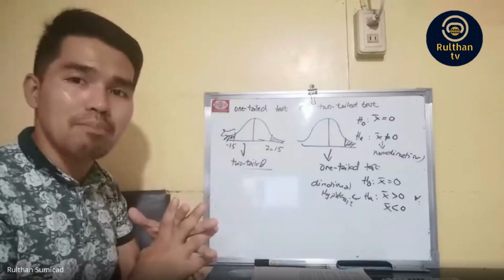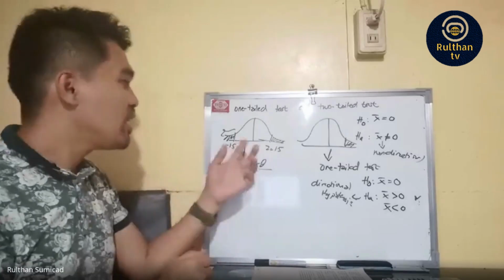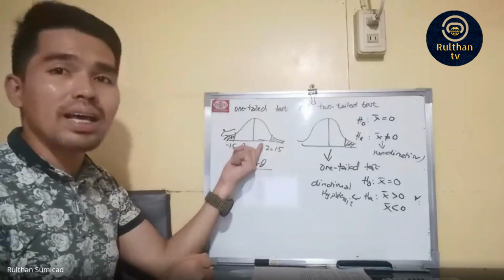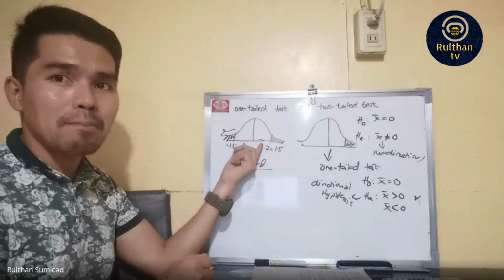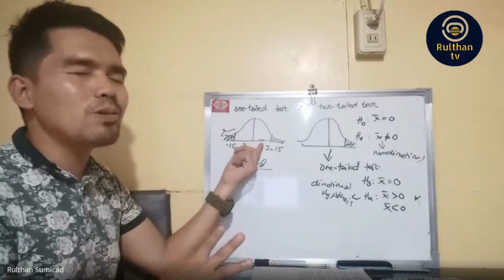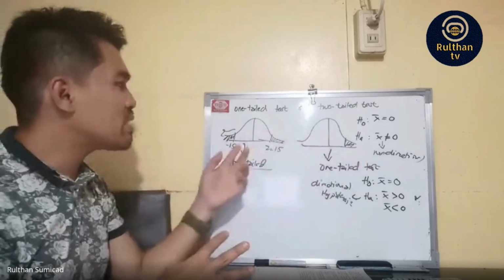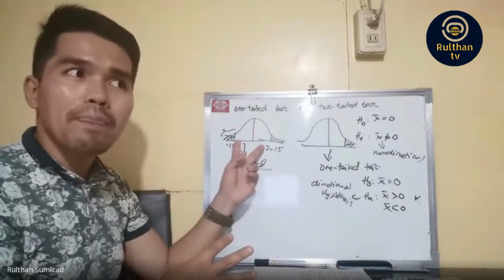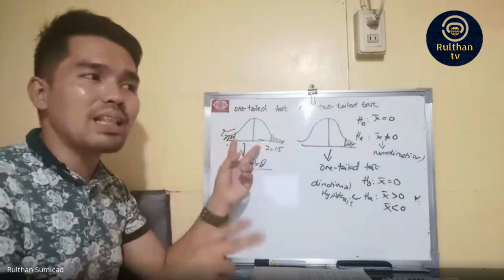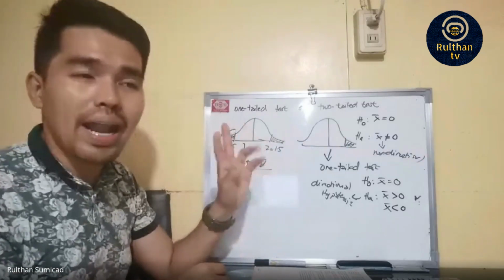Remember the confidence level, where you will accept the null hypothesis. You're not reducing the area to accept the null hypothesis. In fact, if your alpha here is 5%, your acceptance region in a two-tailed test is still 95.